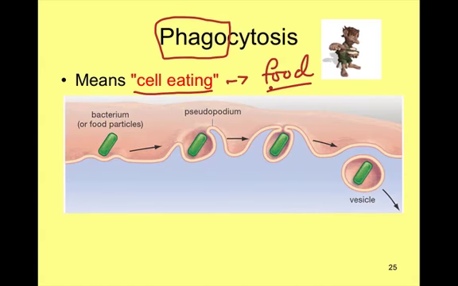And as you can see from the picture, there is a bacteria particle right here. It's being engulfed or surrounded. It actually then forms, as I said, a little vacuole, and then it breaks away and goes into the cell where it ends up being digested.